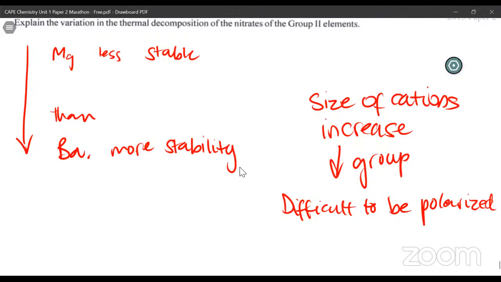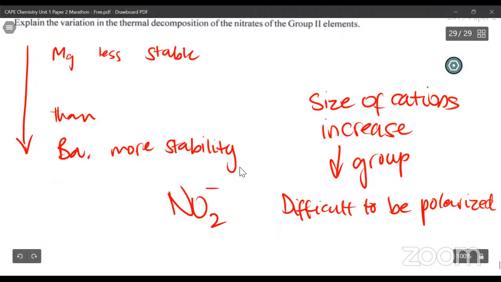And that is the NO2 minus ion, right? So as it gets bigger, there's a disruption in bonding. So as you go down the group, the cations will increase, and thus it will be harder for the NO2 ions to be polarized.